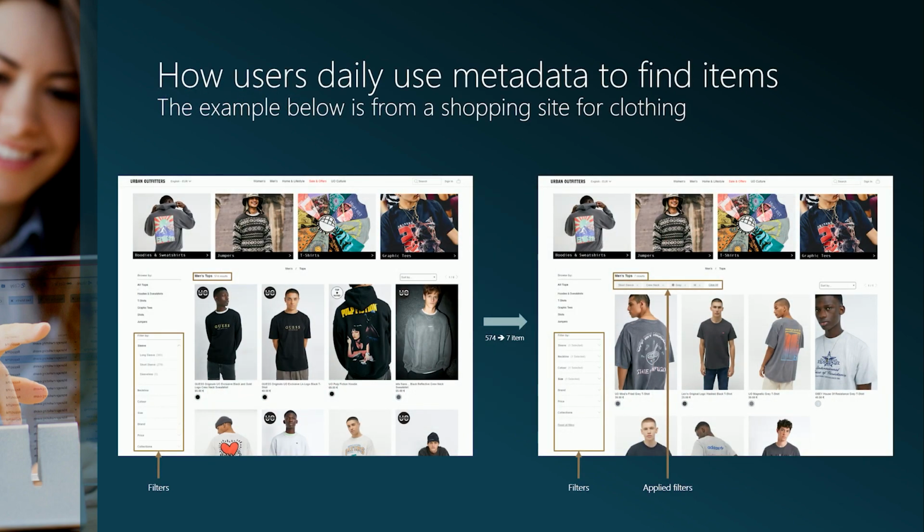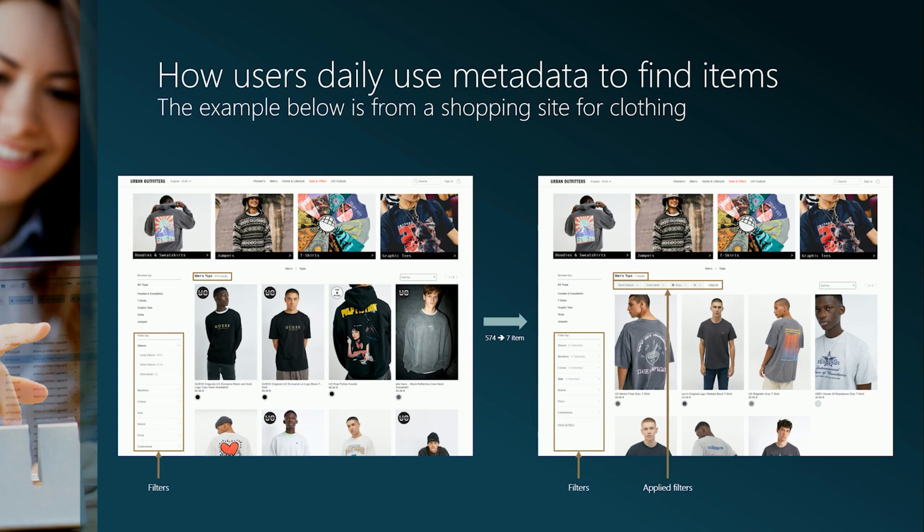Before showing you MetaShare, I would like to explain the concept of MetaShare's metadata navigation and filtering. I will start by showing you how users on a daily basis use metadata to find items. In this example, I'm showing how they find clothes in the websites for Urban Outfitters.